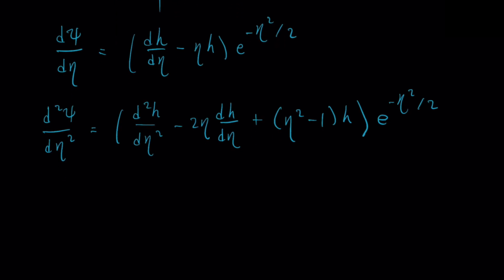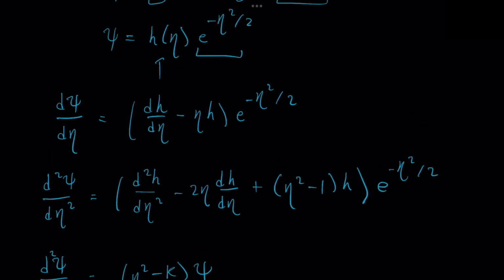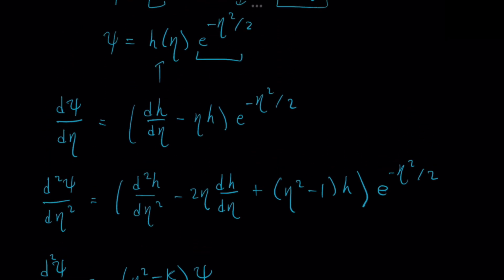Okay, so that's good. So let me rewrite what we were initially trying to solve because we're going to use something here. This was the equation that we're trying to solve. And we have that this wave function is equal to this up here, this h function times the exponential.